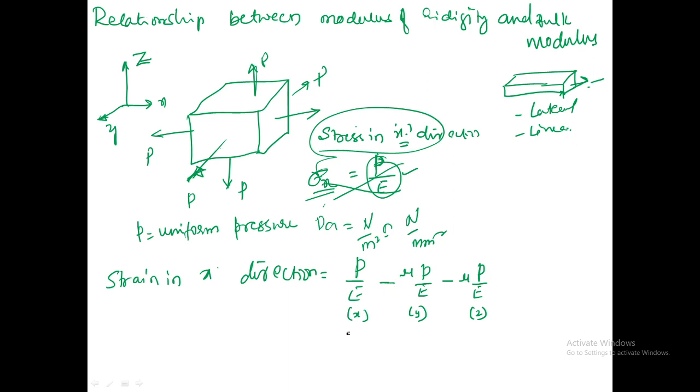So epsilon x equal to P by E into bracket 1 minus 2 mu.